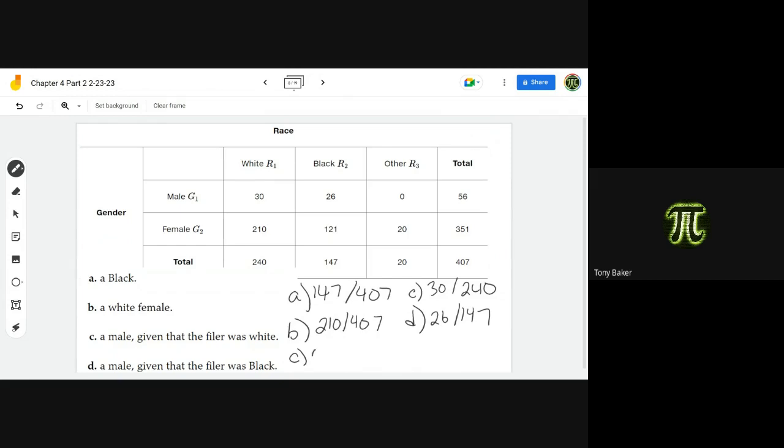What's 26 divided by 147? Somebody quickly do 210 divided by 240. Do 121 divided by 147.